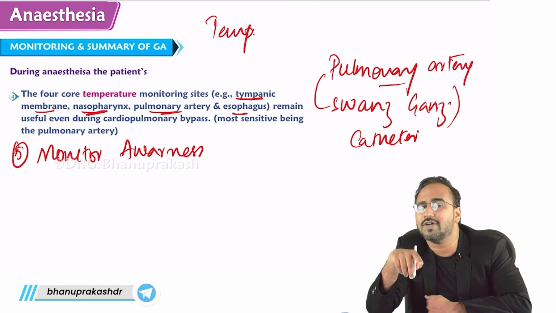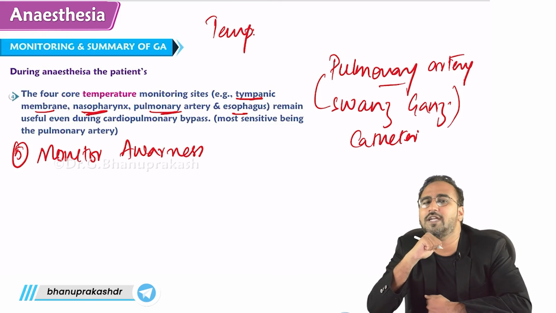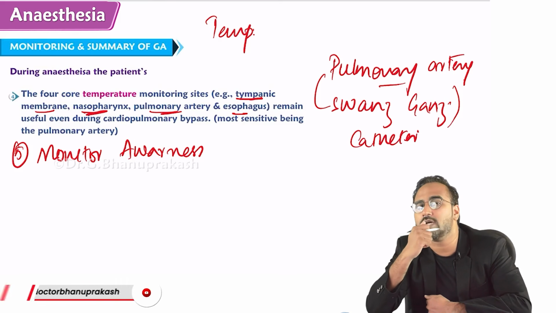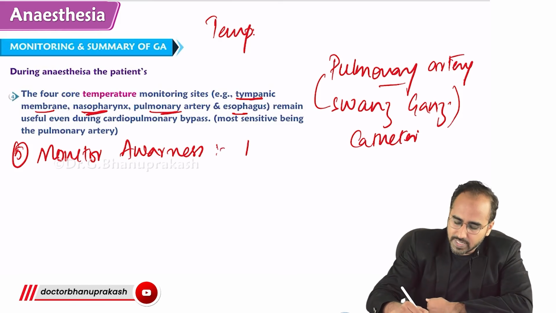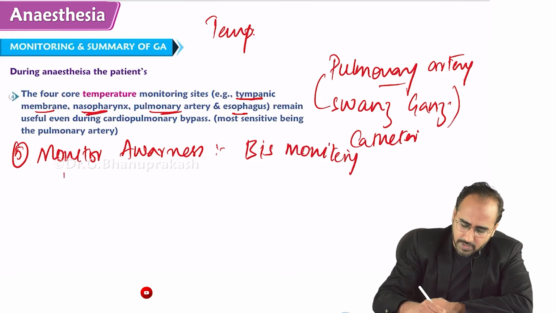For monitoring whether your patient is aware or not during anesthesia, how will you come to know? The patient won't be opening his eyes, so how will you know? You come to know by a monitoring called BIS monitoring. What is BIS monitoring?